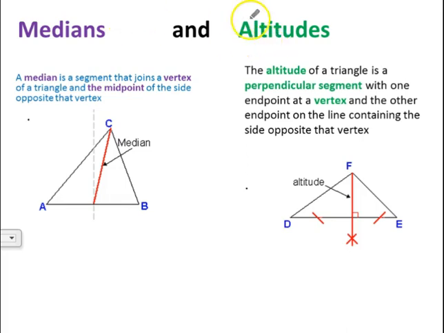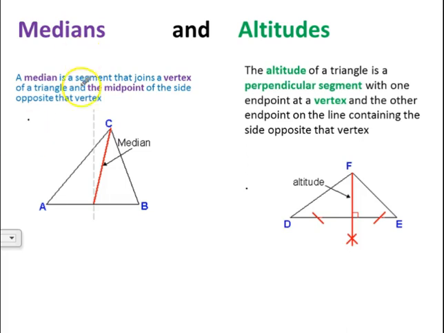And we're going to learn about these three different segments, and we're going to find that they all have some similarities, but then they all have some differences. So let's talk about some of those similarities and some of those differences and what those properties are. So let's start with medians.